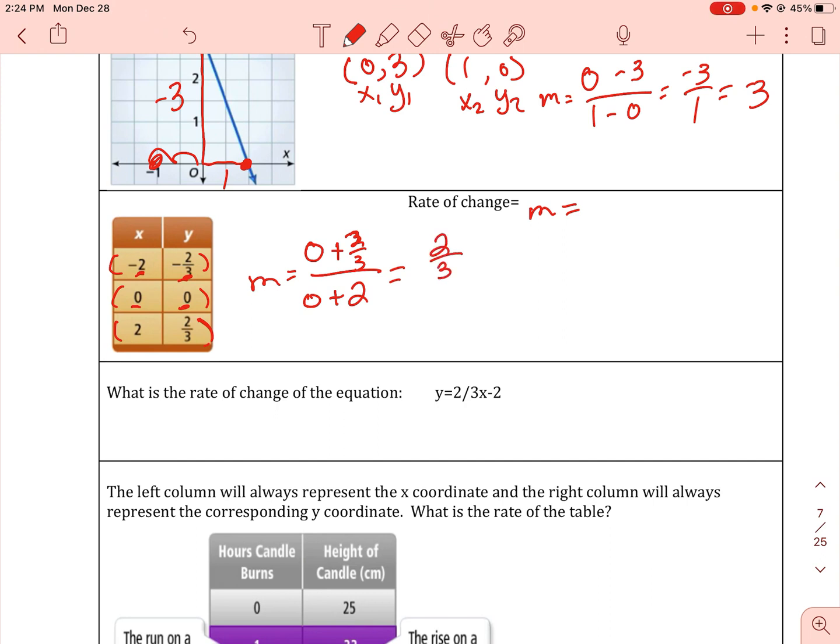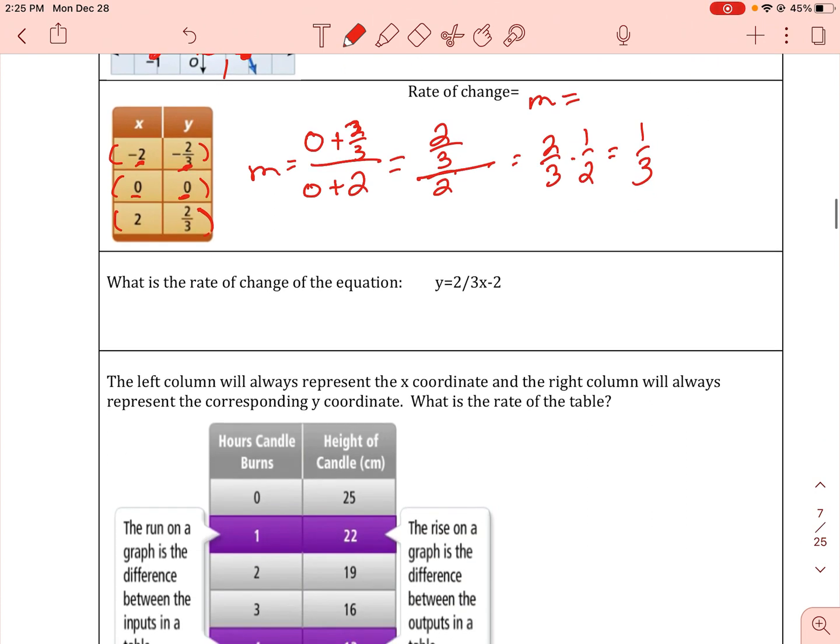I have 2/3 divided by 2. You can plug this into your calculator to help you, which equals 2/3 times 1/2, which equals 1/3. So my rate of change, or my slope, is 1/3.